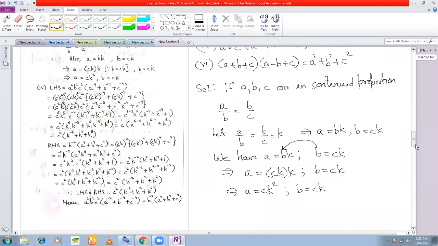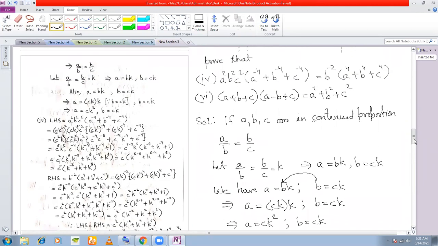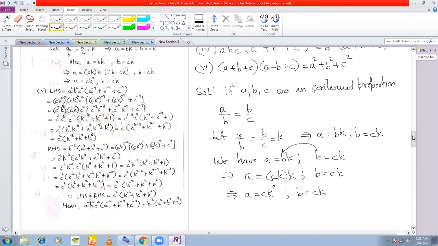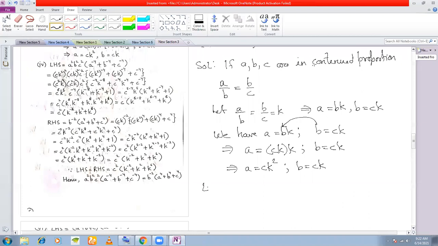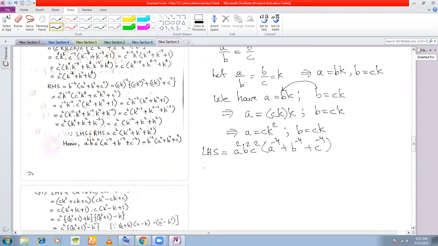So clearly A and B, we are getting both in terms of C. Now here we'll put it for the first expression, we'll put it on the left hand side and right hand side and prove them to be equal. So we start with the left hand side. The left hand side here is A square, B square, C square, A to the power of minus 4 plus B to the power of minus 4 plus C to the power of minus 4. Let's put the values.